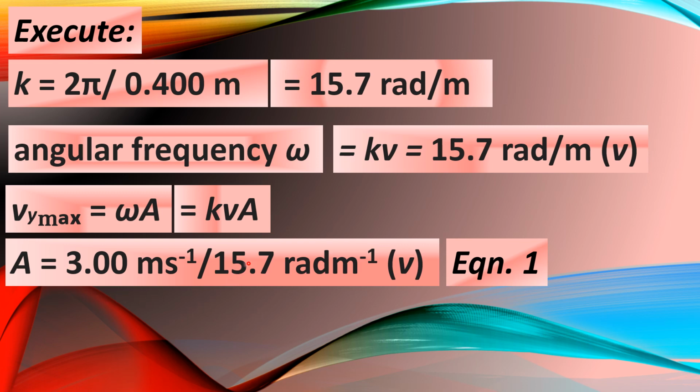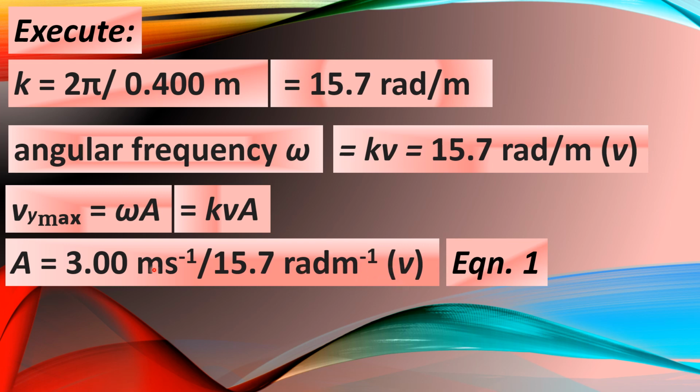We are given the maximum v sub y equal to 3.00 meters per second, and that will be divided by the product of the angular frequency omega, which we express as 15.7 radians per meter multiplied by small letter v, or the speed of propagation of the wave.